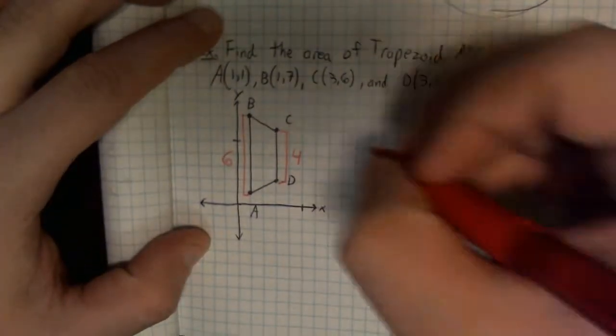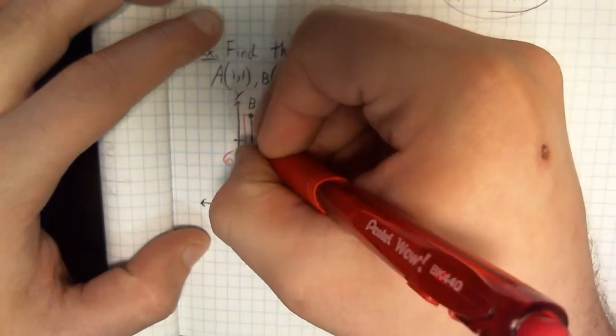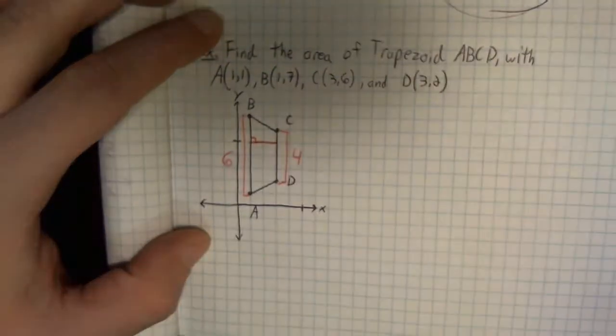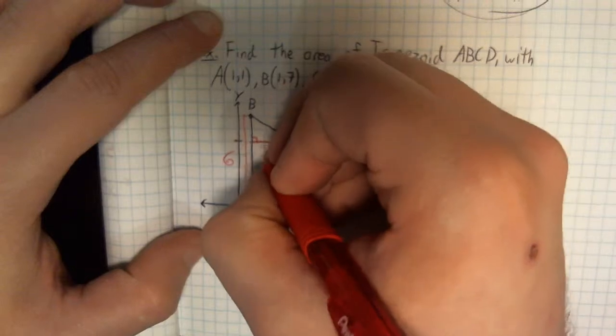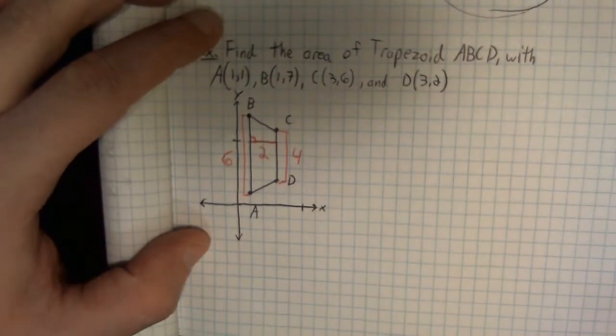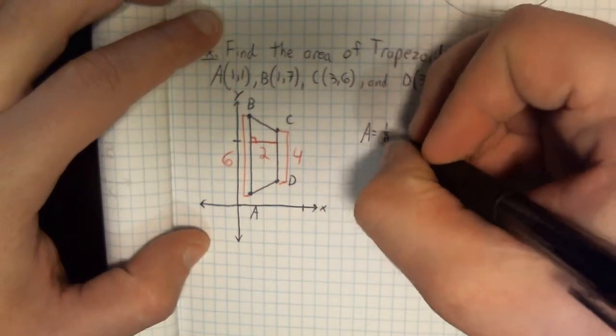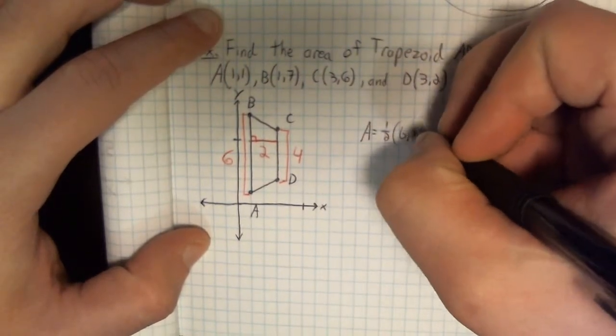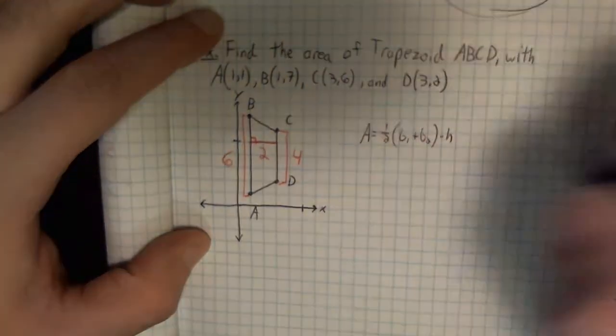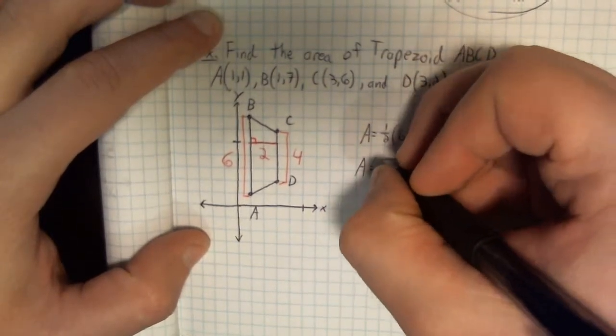And our height, again, remember, is perpendicular to the bases. So we have here a height of 2. Now, checking back at your formulas, area of a trapezoid is 1/2 times base 1 plus base 2 times height. I'm going to now substitute in.